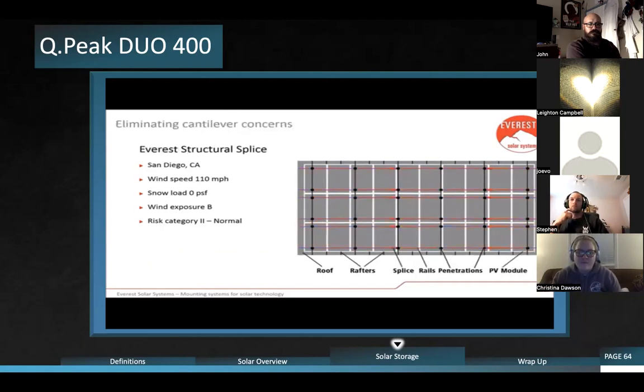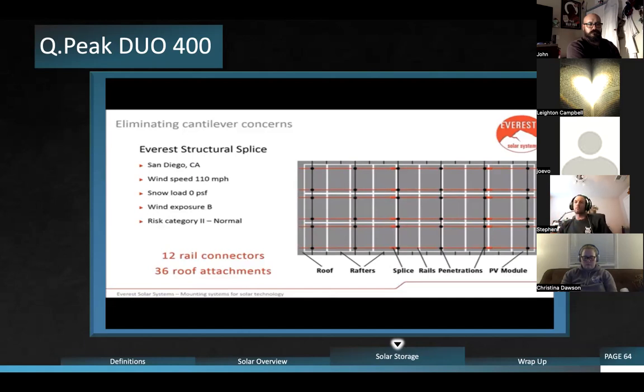Now, if you use a structural splice, on the other hand, which we provide here at Everest Solar Systems, this is going to reduce the number of attachments that you're going to need for your array. On this array, you're actually only going to need 36 compared to the 48 that you would if you were using a non-structural splice. So how does this work, you might ask?